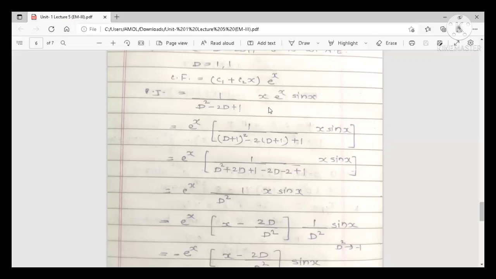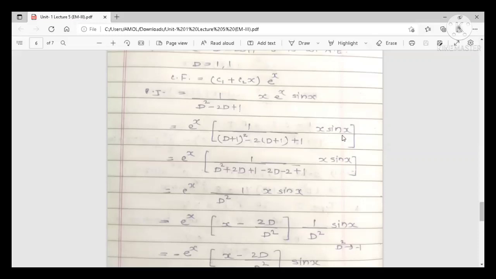Now you know how to solve for e raised to x into v. You replace d by d plus a. Here the coefficient of the exponential function is 1, so you replace d by d plus 1, with e raised to x as it is: e raised to x into 1 upon, replacing d by d plus 1, d plus 1 whole square minus 2 into d plus 1, into the remaining term, x into sin x, as it is.